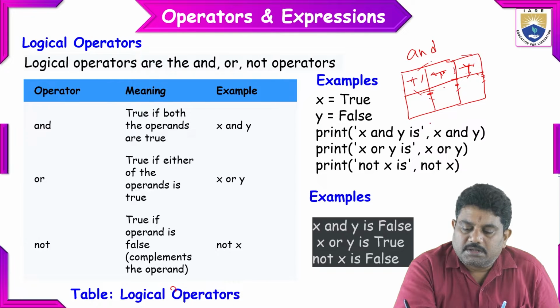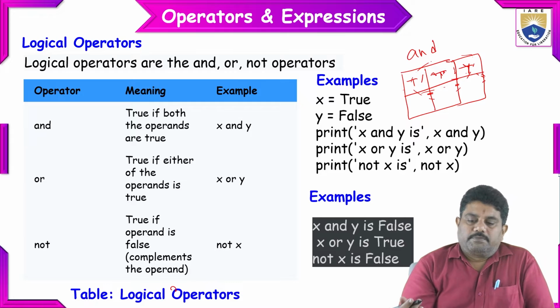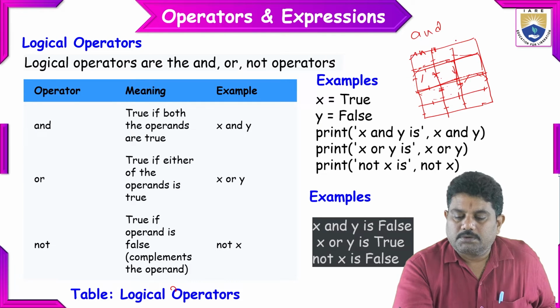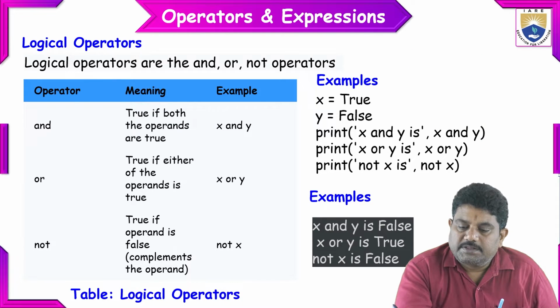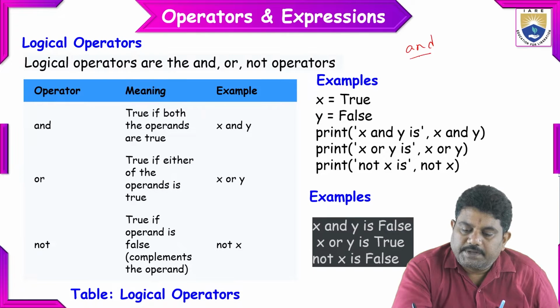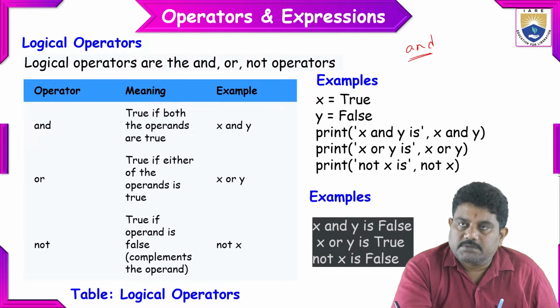In all remaining cases, it is false. Otherwise, you remember it like this: two operands, for example A and B, and the result. If A equals true and B equals true, with the logical operator AND, when does it become true and when does it become false?